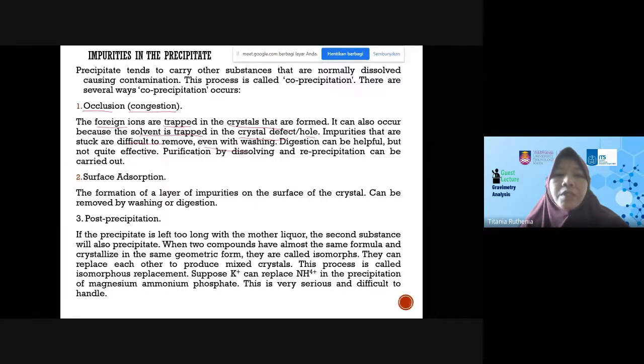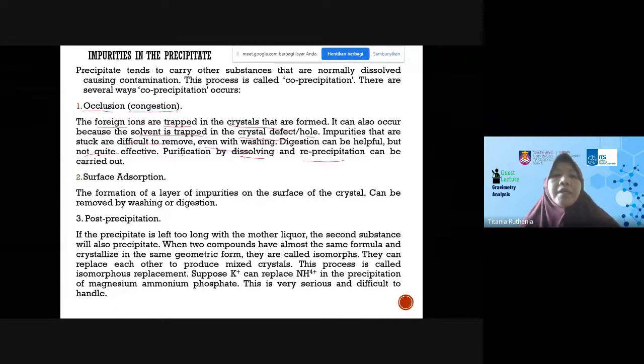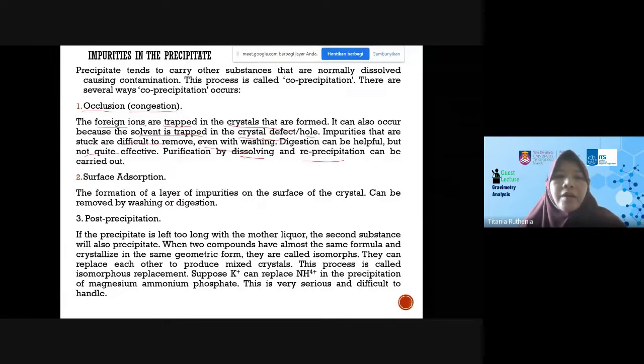So if we wash, we cannot handle this situation. Digestion could be helpful, but not effective. What we can do is dissolving and reprecipitation, so that we can remove the foreign ions or the impurities that are trapped inside the crystal.